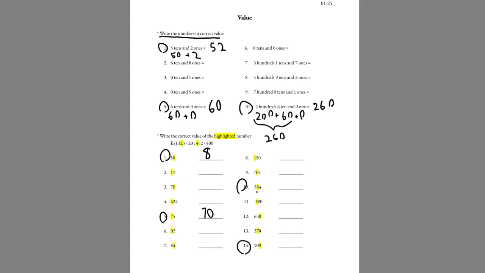For number 10, the highlighted number is in the tens place, just like last time. This means there are 8 tens, which is just 80. And the highlighted number for number 14 is in the ones place, so we just take it at face value, and that means it is 9.